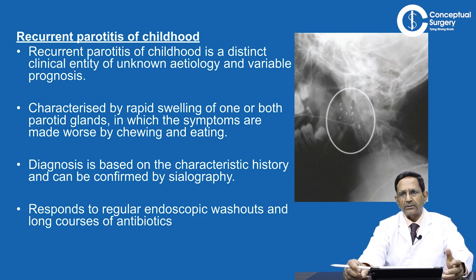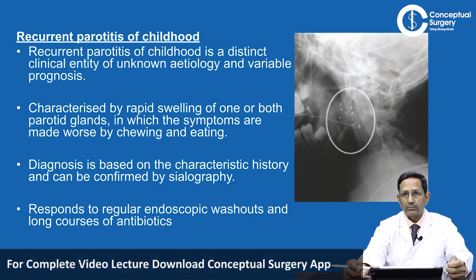Another thing is recurrent parotitis of childhood. It is a distinct entity without a definitive etiology, and the characteristic presentation is swelling of one or both parotid glands, and symptoms are made worse when the patient chews or eats.